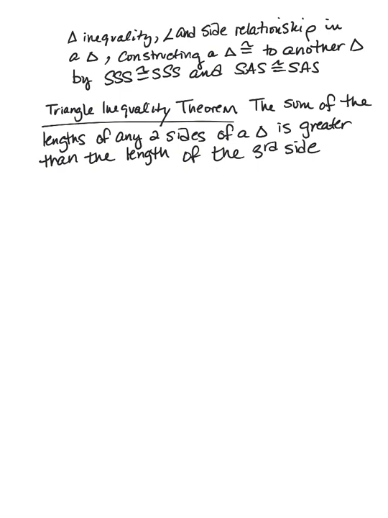All right, so what that means drawn out is, let's say I have this triangle and I call this side A, this side B, and this side C. That means that A plus B is greater than C. Strictly greater. It cannot be equal to it. A plus C would be greater than B, and then B plus C has to be greater than A. That's what this theorem is stating.